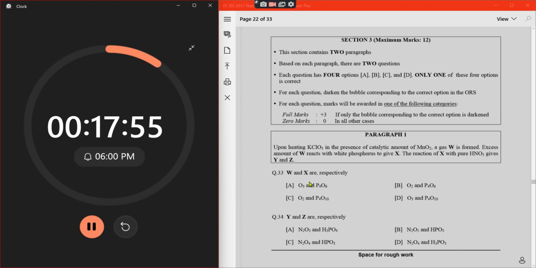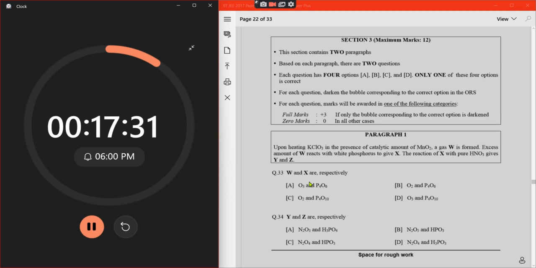Yes. Reaction of X with pure HNO3 gives Y and Z. P4O10 with that gives Y and Z. HNO3 is just an acid though. H3PO no, that's just not working. Probably just H3PO4, what else could it be?